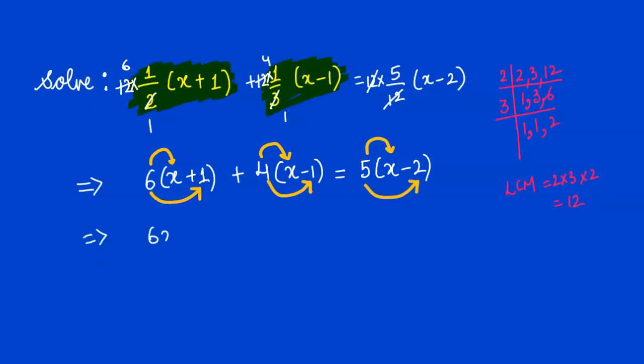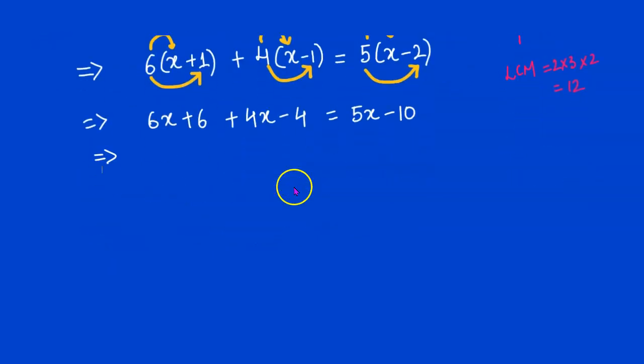So we have 6x plus 6 plus 4x minus 4 is equal to 5x minus 10. Let's bring the like terms together. The terms with the variables. 5x will come from the other side and will become minus. 6 will go to the other side, become minus.